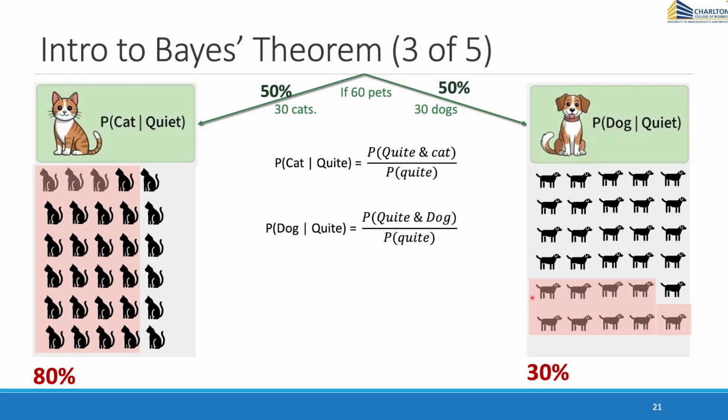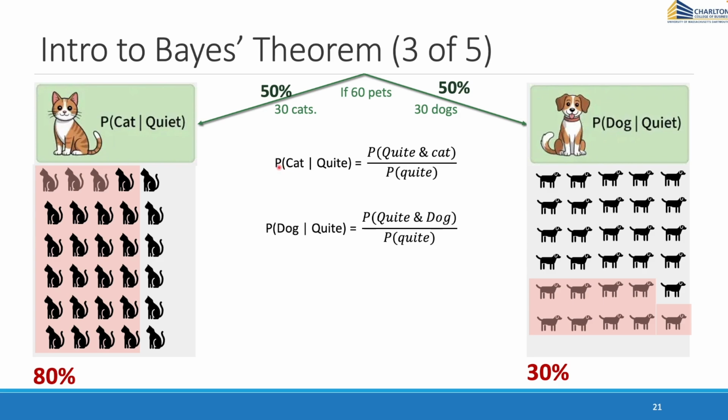We are looking for the probability of the pet in the box being a cat, knowing that it's quiet, and the probability that it's a dog, knowing that it's quiet. According to the conditional probability, we can write this as the joint probability divided by the probability of the condition.